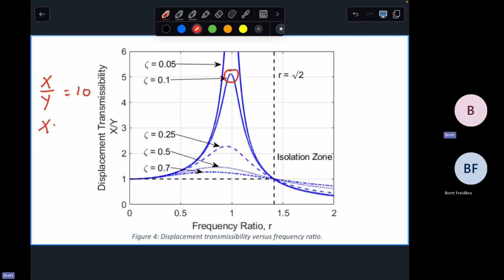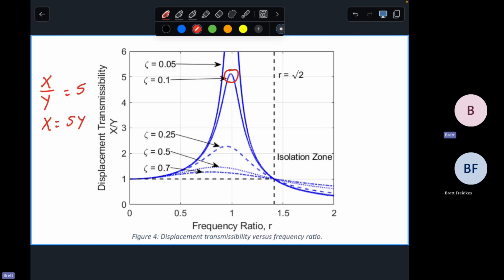X over y is equal to 5. X is equal to 5 times y. So if the amplitude of y is 2, then the amplitude of x will be 10. That makes sense? So just this little amplitude of 2 will cause a great amplitude of 10 at resonance for that specific damping situation. Does that make sense? Cool.